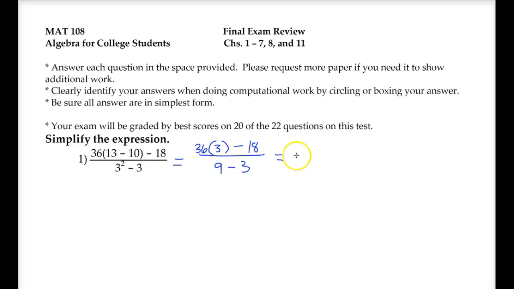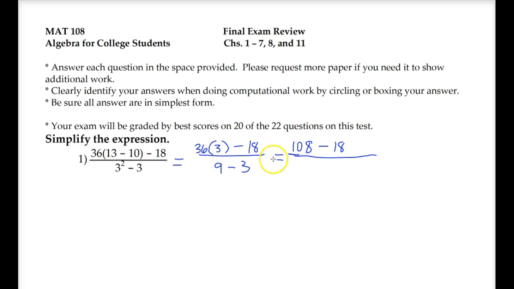And so from there, the next thing we could do in the numerator is multiply. And so we'll multiply 36 times 3. And so I believe that should give us 108 because 6 times 3 is 18. So we have 8, carry the 1, and 3 times 3 is 9, plus 1 is 10. So that's 108 minus 18.